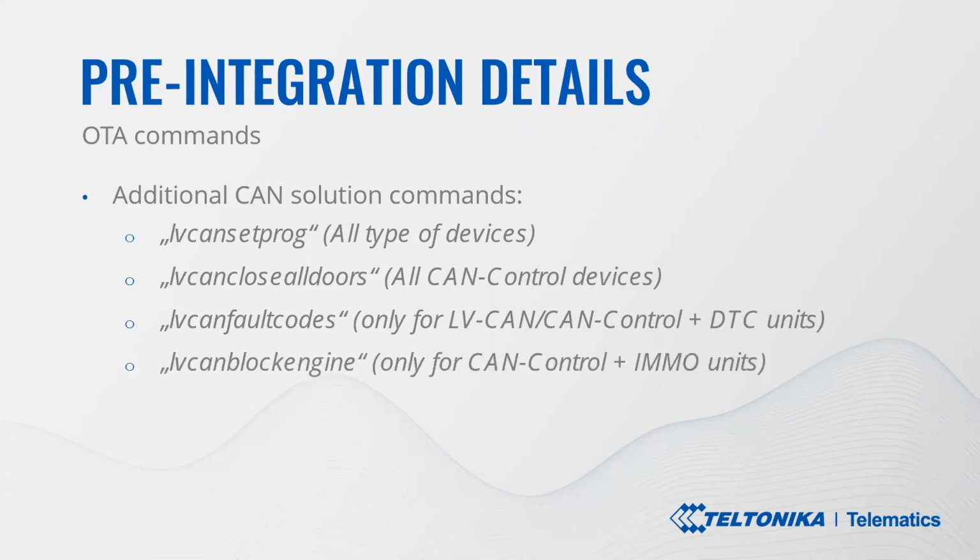We also have the lvcan block engine only for CAN control plus IMO units. And there are other commands that are, of course, listed in our Wikipedia, so make sure to check the information there and proceed with the application of the commands.